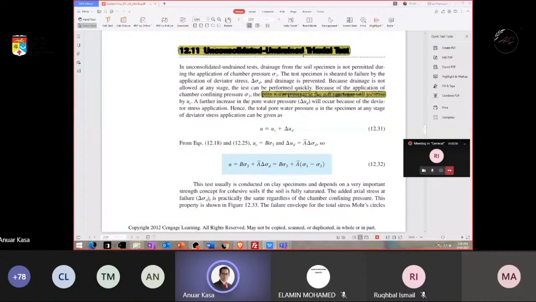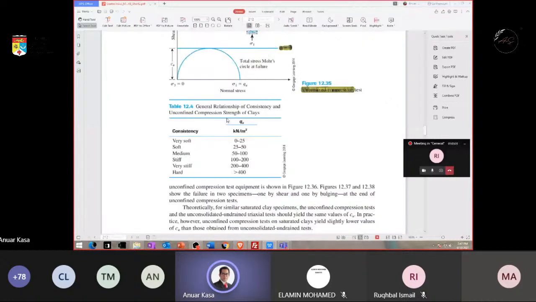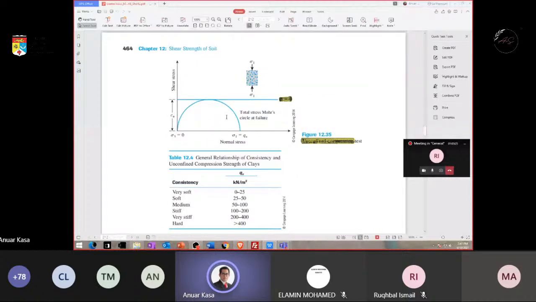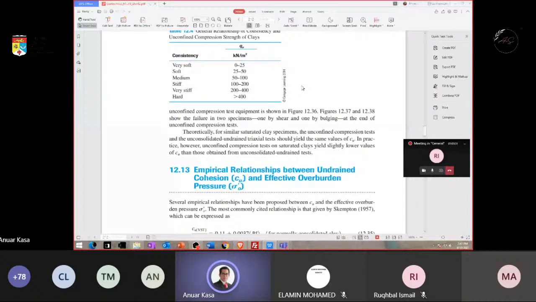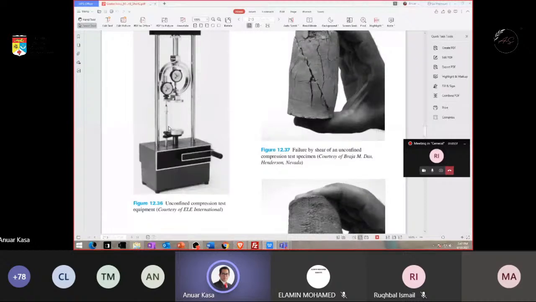Here there is no water. The sample is just put on a machine, and that machine will compress it. Not difficult, just something like this, the experiment for the unconfined compression test. They make a sample and put it here, and they just apply the normal force until the sample fails.